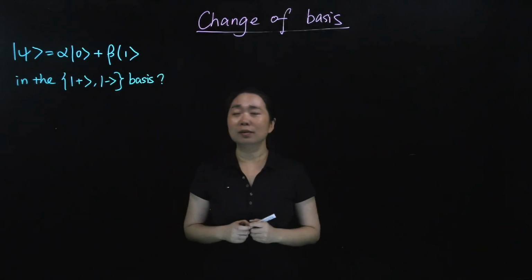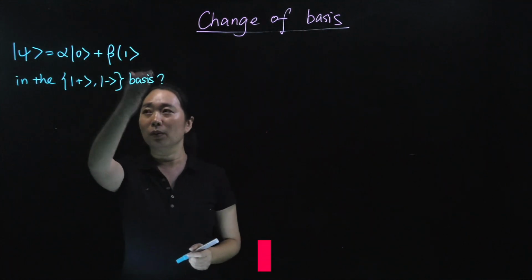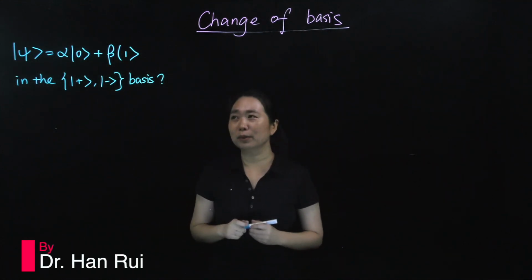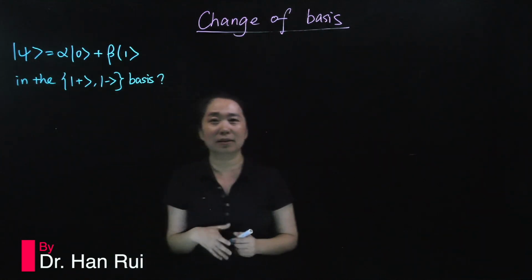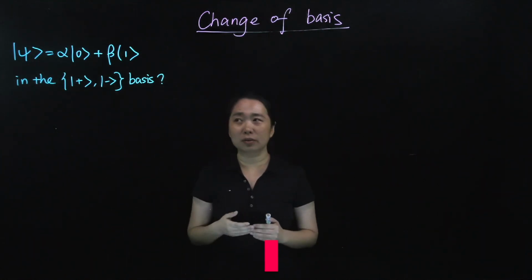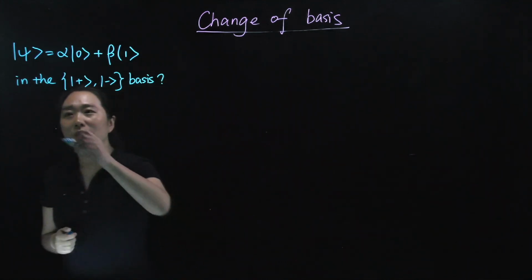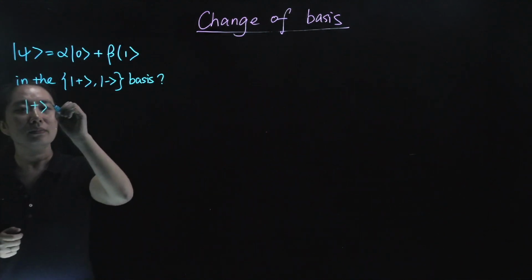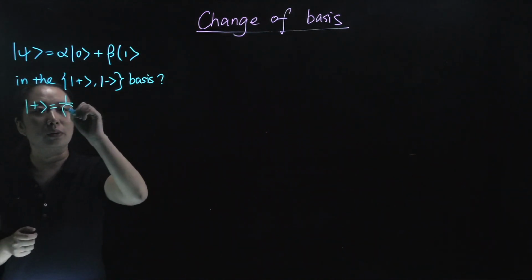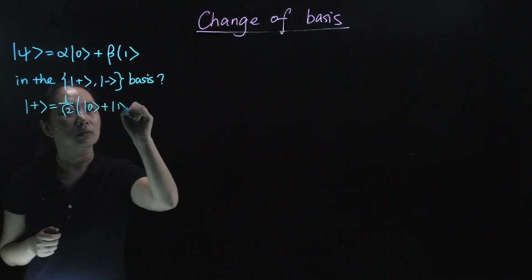We have written down the generic qubit state psi as alpha 0 plus beta 1. And now, how can we write psi in the plus-minus basis, that is, expressed as a superposition of the plus-minus states? We already know that the plus state is 1 over square root 2, 0 plus 1.